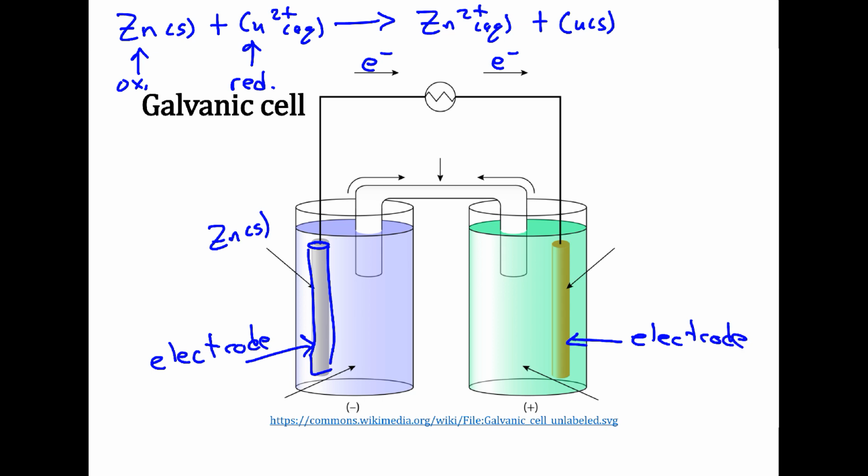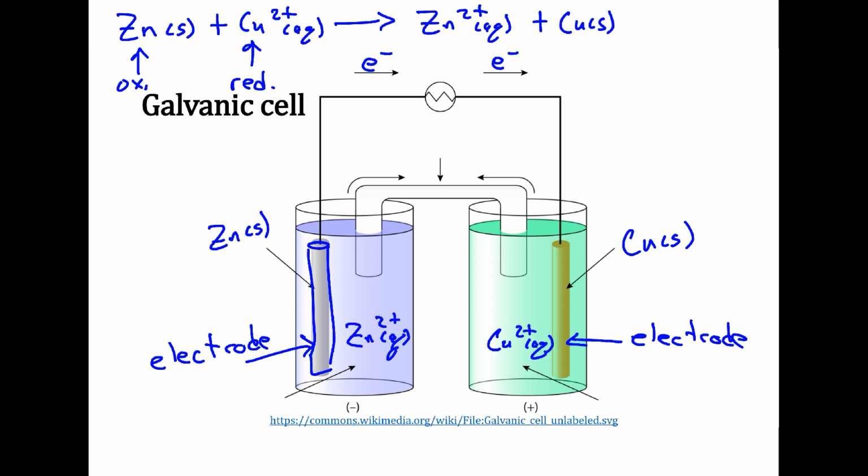So the zinc is losing electrons, and then what's gaining the electrons? Well, it ends up being that the copper 2+ is gaining electrons. So this other electrode over here is copper. And then in solutions here, we have zinc 2+ and copper 2+.